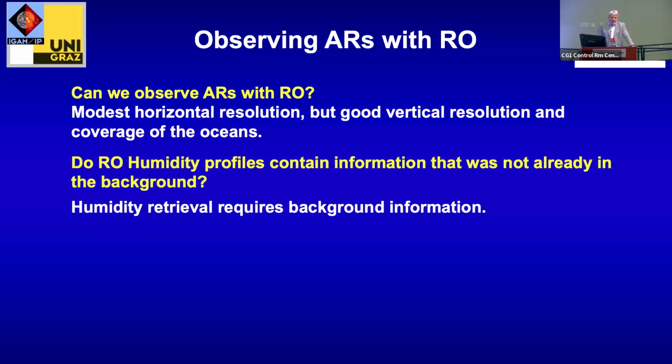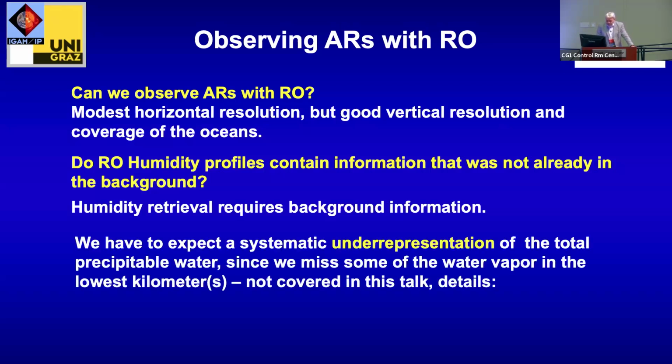Another question is, when we derive water vapor from RO, we always need this background information in the 1D-Var. If we look at the specific humidity profiles, do they just contain the prior profile, or do we add additional information by the measurement itself?